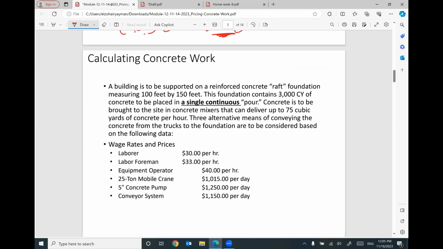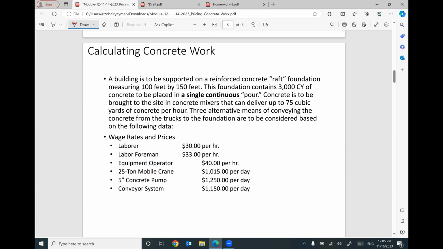I finished an example last meeting talking about pouring of 3,000 cubic yards of concrete. And we have the wage rates. If you would like to hire a laborer, this laborer will cost you $30 per hour. A foreman will cost you $33 per hour.